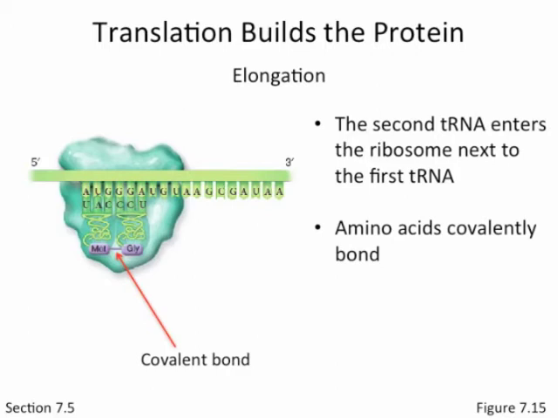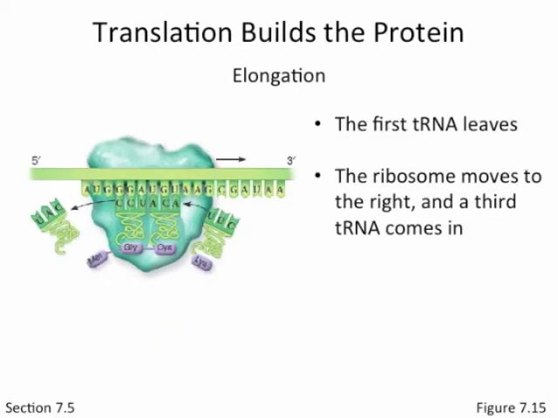So the ribosome shifted down one. This tRNA will separate, and it'll break away from the amino acid. And there'll be a new binding site open for the next tRNA to enter and bring with it another amino acid. It's going to covalently bond, and it's going to continue to happen.